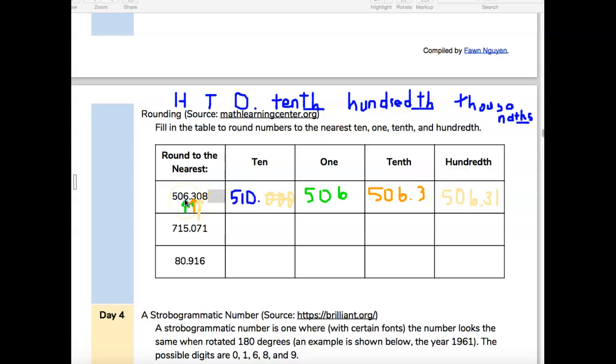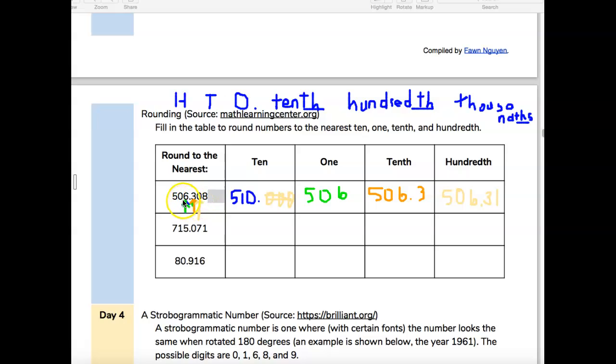6 is in the ones place. So to round that, we look at the next number. If it's a 0, 1, 2, 3, or 4, we keep the 3. Which one did we do?